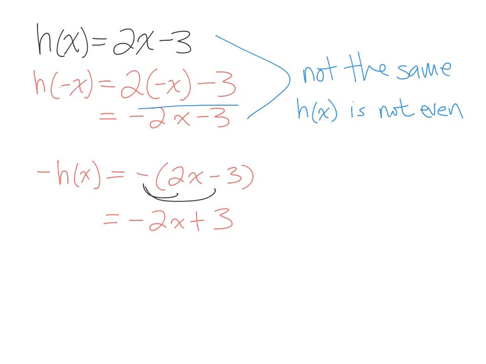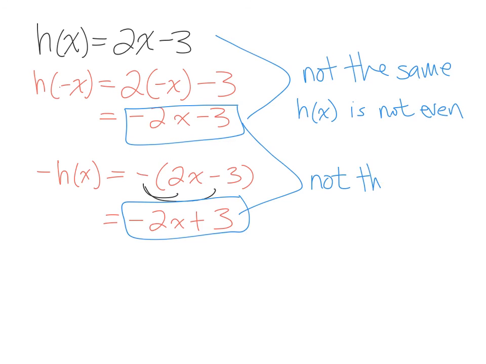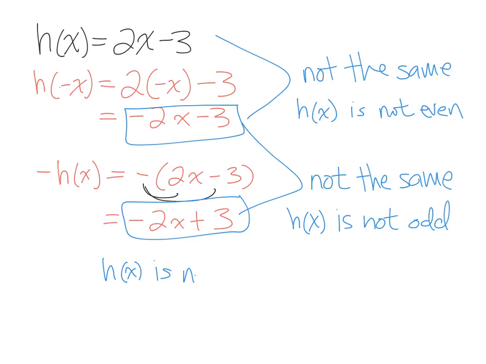And it turns out this and this, they are not the same either. So what does that tell us? H of x is not odd. So our conclusion here is if h of x is not even and h of x is not odd, then h of x is neither.